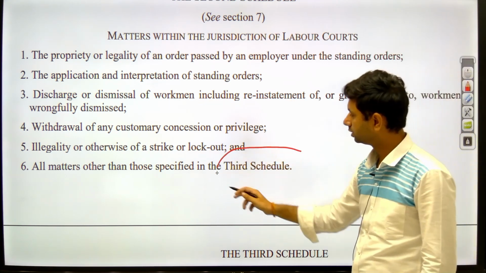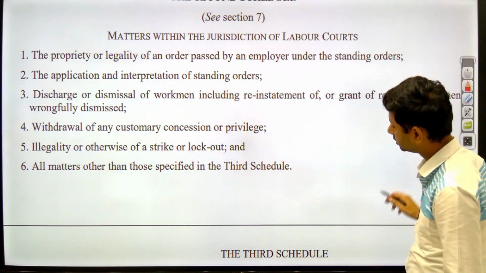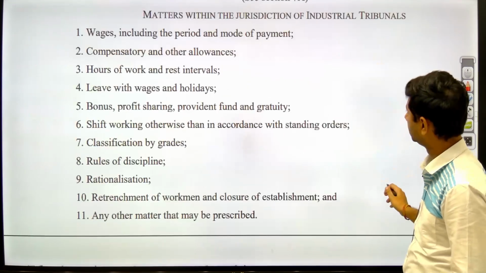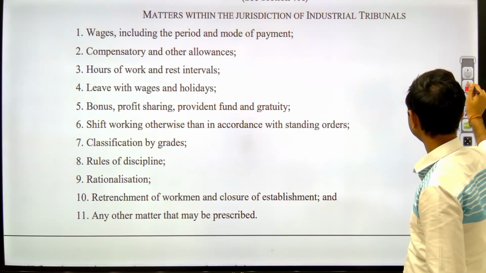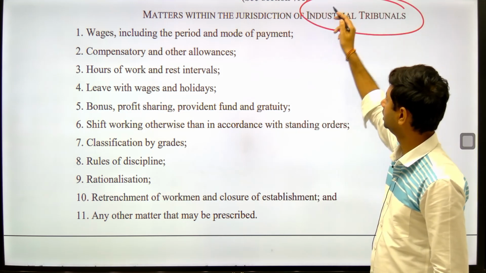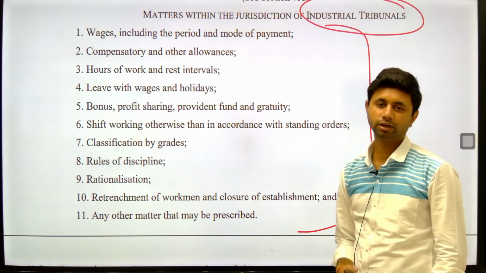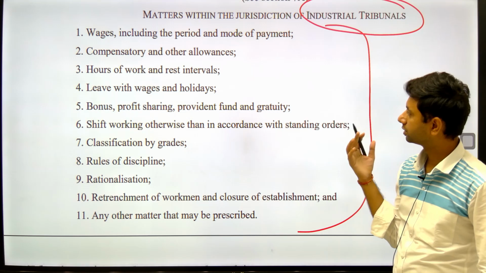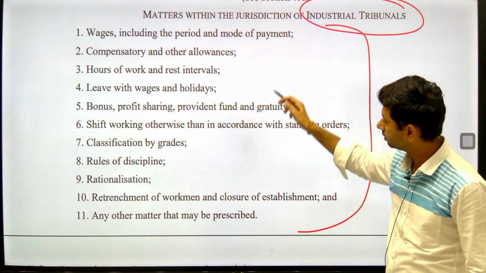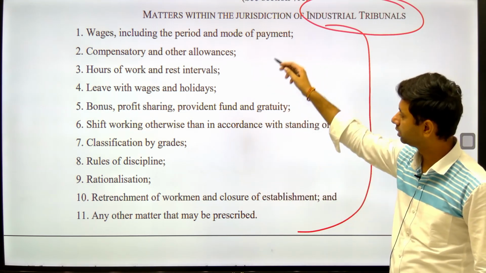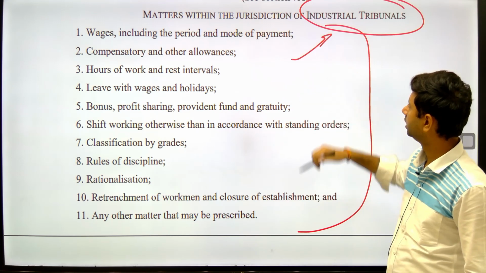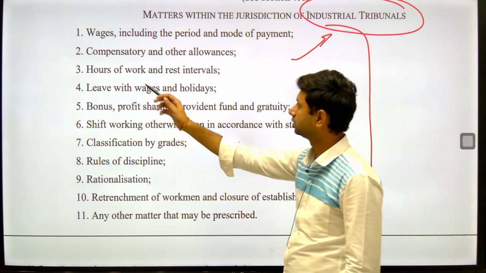So what is the third schedule? The third schedule talks about the jurisdiction of industrial tribunals. Any issue or dispute with respect to these matters will be referred to industrial tribunals. What are these issues?